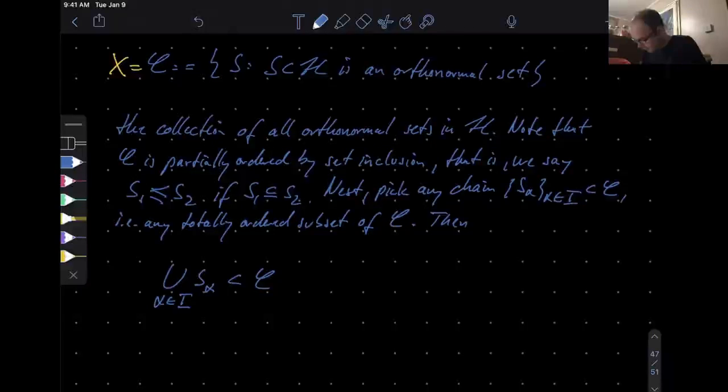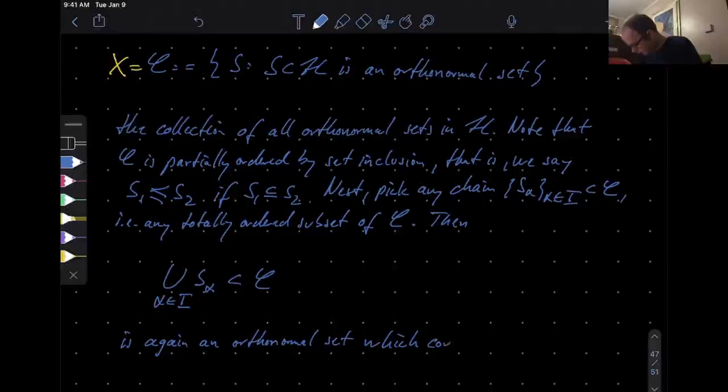It's again an orthonormal set, which contains each S alpha, and that is the second criterion that you need for the upper bound.